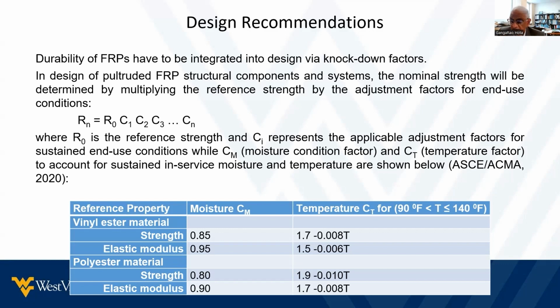A few of the degradation factors are shown in this slide, especially for moisture and temperature degradations. However, degradation factors are shown in the draft LRFD code for other environments such as pH, sustained loading, etc.